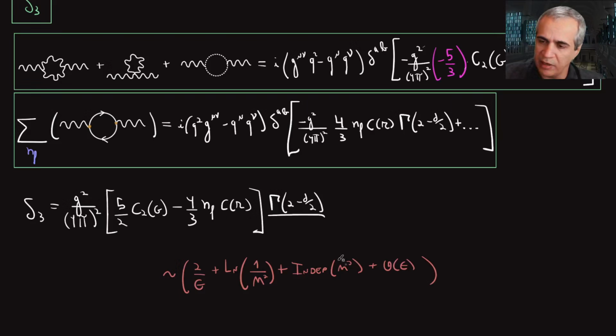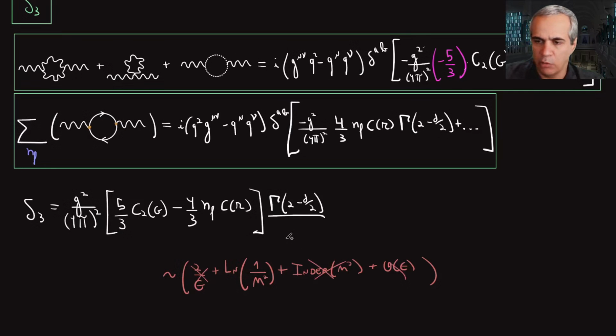So whatever I include here in the counter term or not depends on the scheme, but it doesn't matter because I just want to use this to calculate the beta function, and then the derivative in m will eliminate everything but this, right? So I only have to put m square to the power 2 minus d over 2, that I'll get an expansion for d near 4, right?